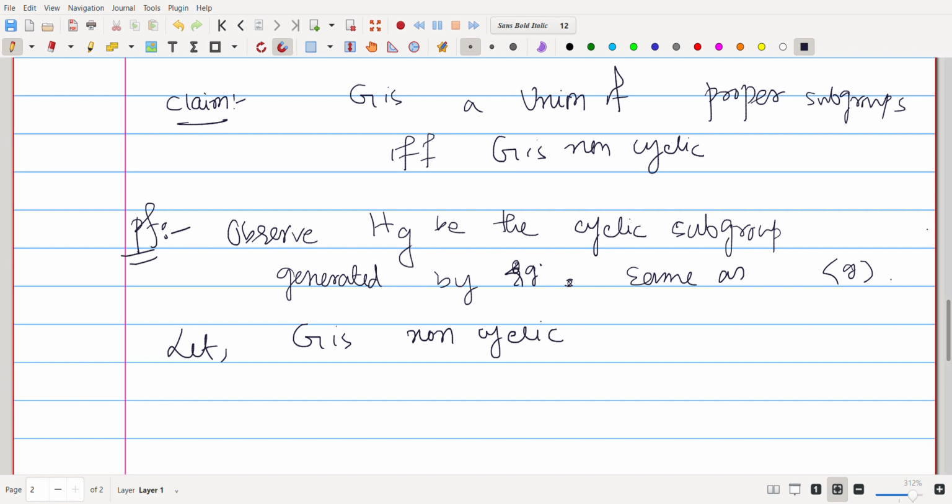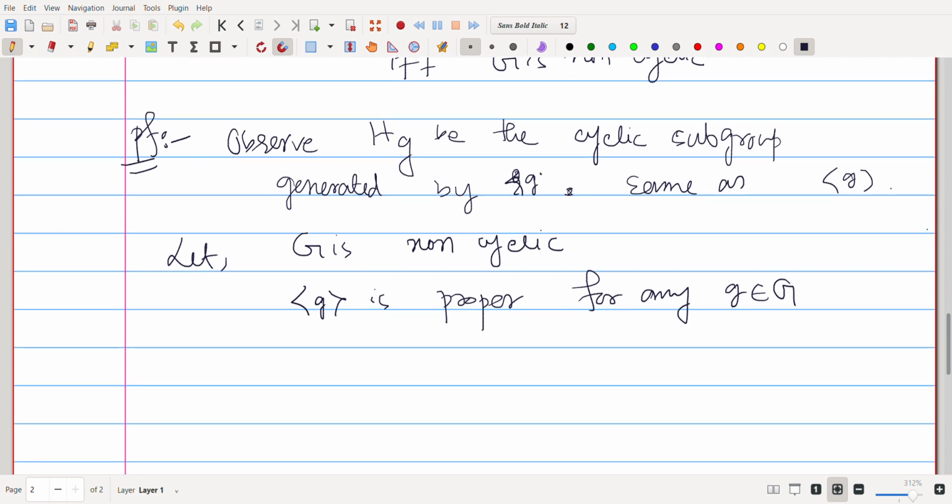That means this is proper for any g. Since G is non-cyclic, the cyclic subgroup generated by g for any element g is always proper, because if it is not proper, that means the cyclic subgroup generated by g is equal to G, which implies G is cyclic, right?